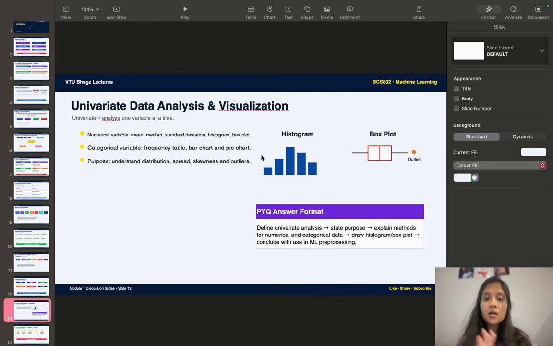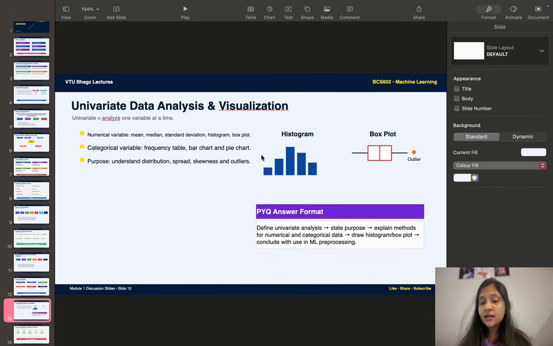For example, analyzing one variable. The purpose is to understand the distribution, central tendency, spread and outliers of the single variable.